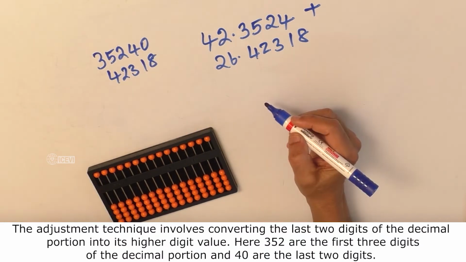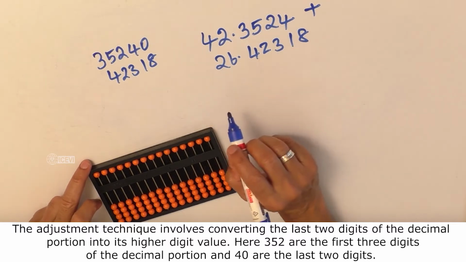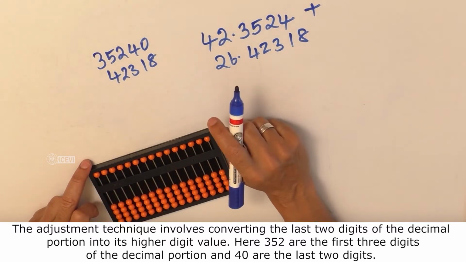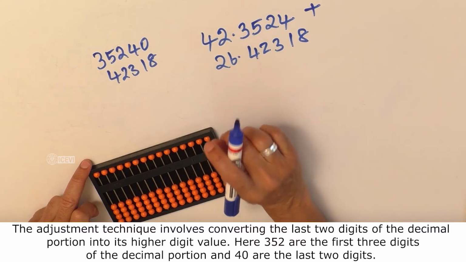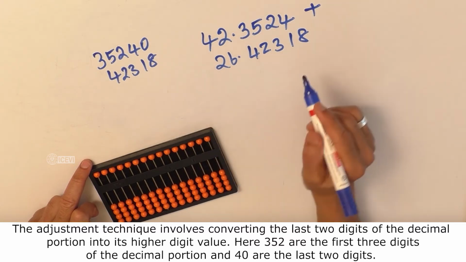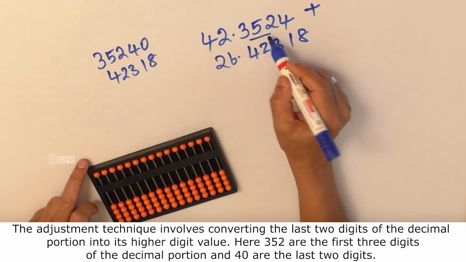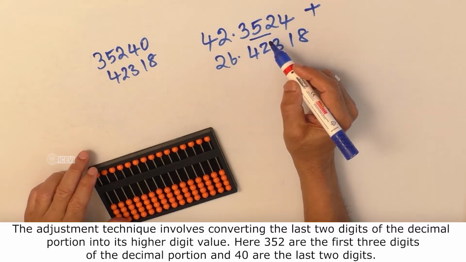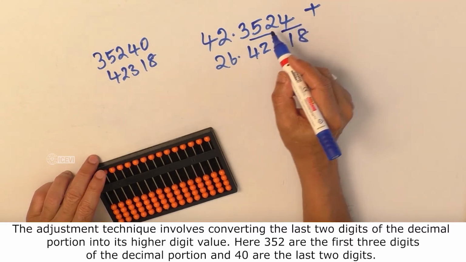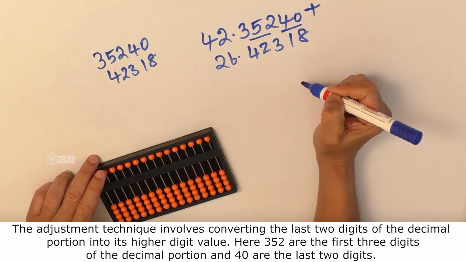The adjustment technique involves converting the last 2 digits of the decimal portion into its higher digit value. Here 352 are the first 3 digits of the decimal portion and 40 are the last 2 digits.